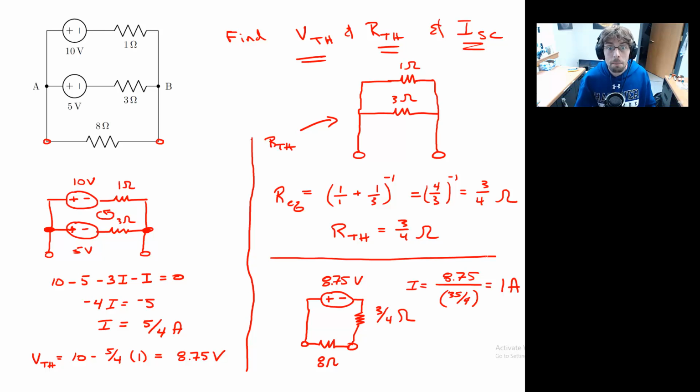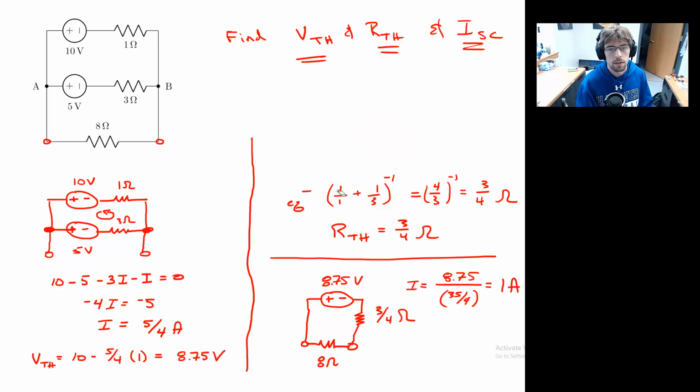Well, let's take a step back. Let's see if we could do the short circuit instead. So, what do we have there? I'll go ahead and get rid of this.